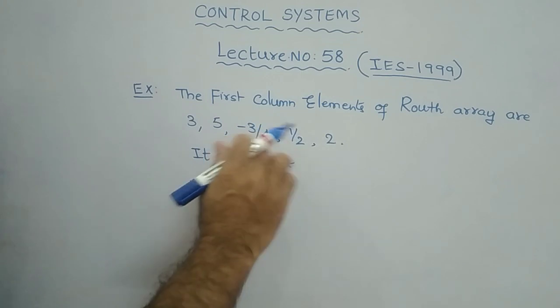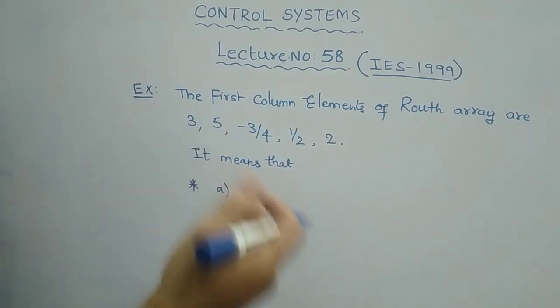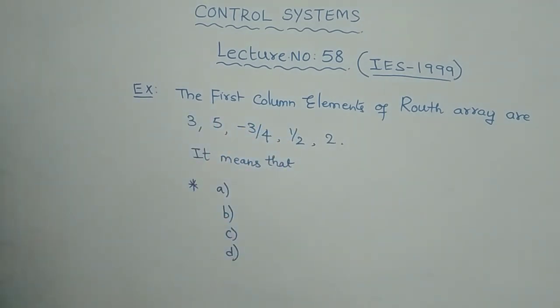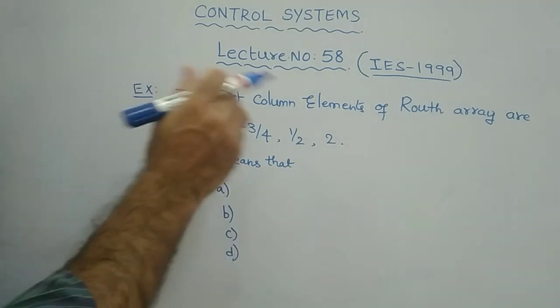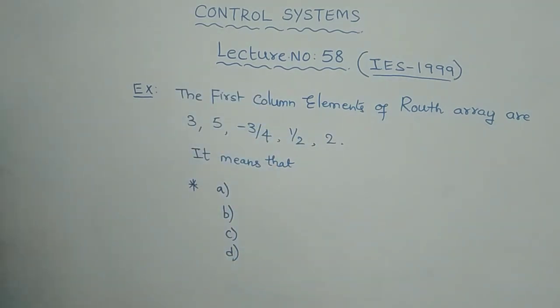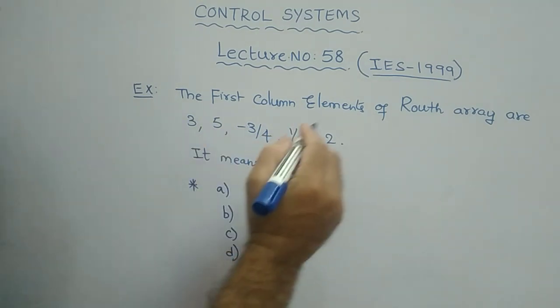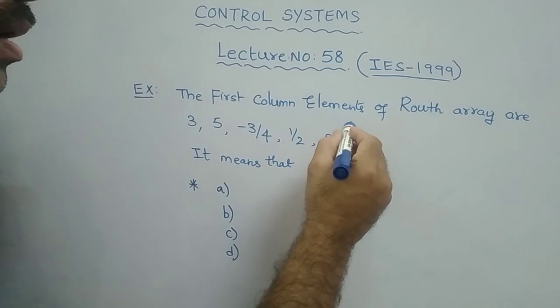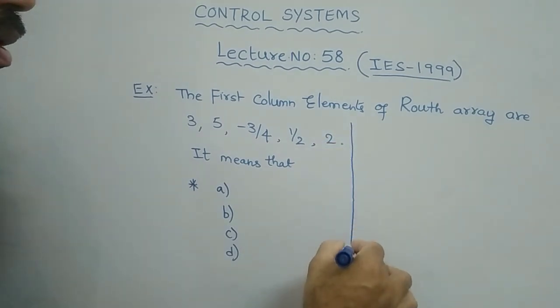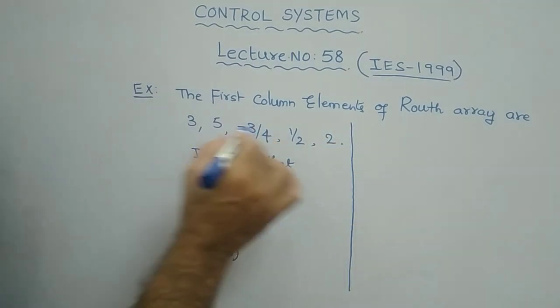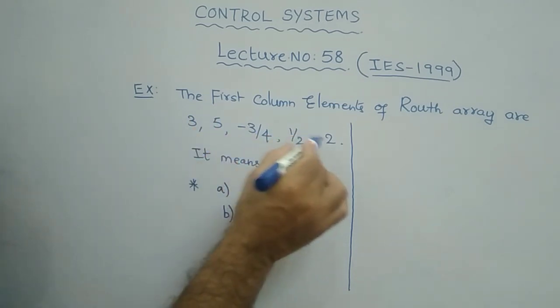This question is based on the sign change concept. In the beginning presentation of the RH criteria, I explained that the number of coefficients here is 1, 2, 3, 4, 5.